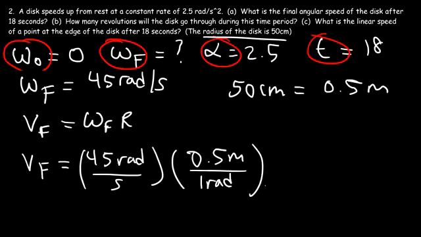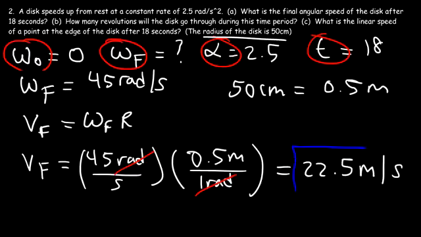So when the angle is 1 radian, the arc length is 0.5 meters. So 45 times 0.5 is 22.5. So we have a final linear speed of 22.5 meters per second in this problem. So that's the answer to part C.